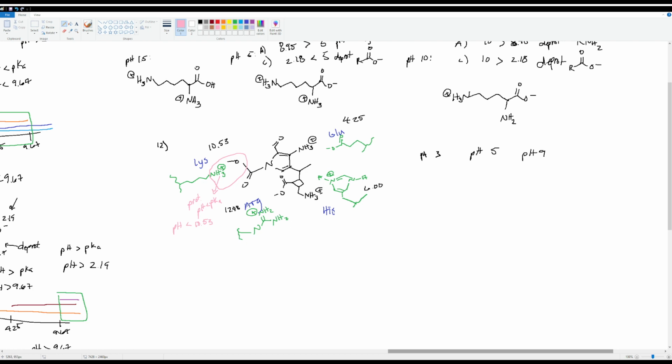Okay, now let's look at arginine. Arginine here, is arginine protonated or deprotonated? Oh, yep, very nice. It is protonated. So this one's kind of tricky.